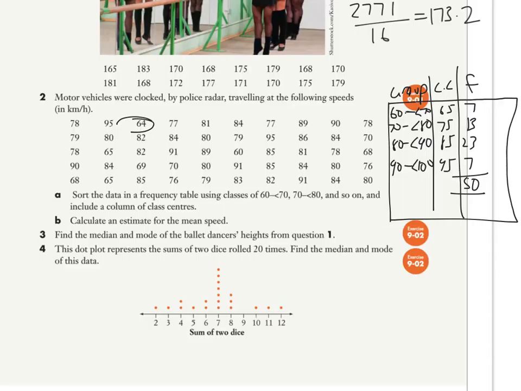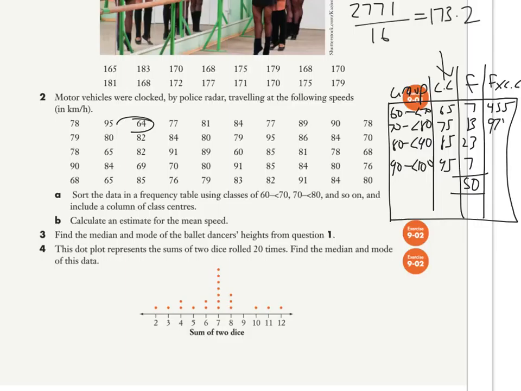Now, calculate an estimate for the mean. Okay, so with this, we need to do an fx column, but in this case, it's an f times cc. Now, we could do the actual mean and add up all of them and divide by 50, but for an estimate, we're going to use the cc column as the score. So 65 times 7 is 455.